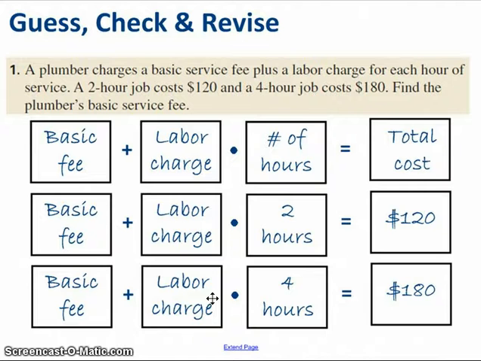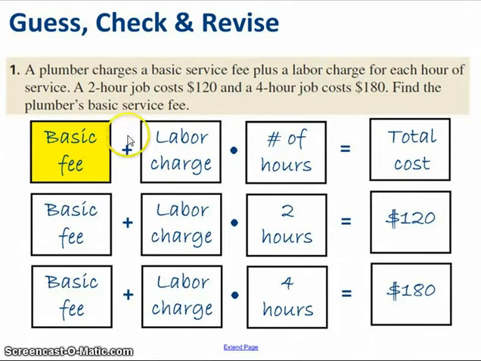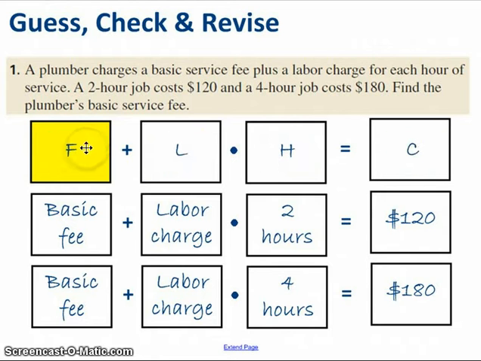So the guess, check, and revise method suggests that if you want to find the basic fee, then you should just guess at an amount for that basic fee. So let me go back and show you this row here. If you turn this verbal model into algebra and say F, plus L for labor times H for hours is equal to cost.